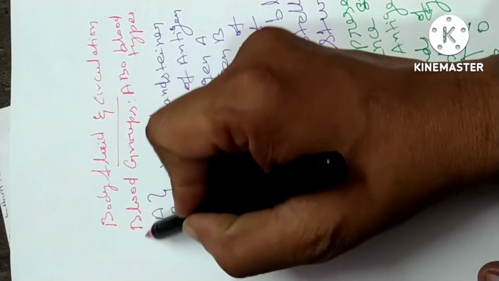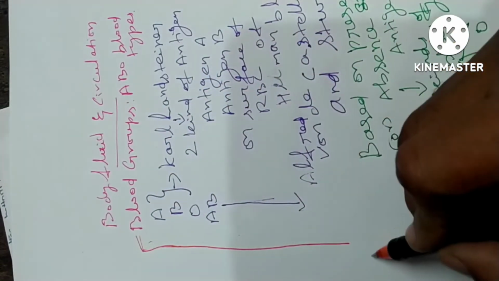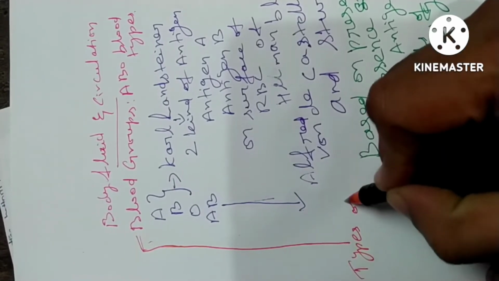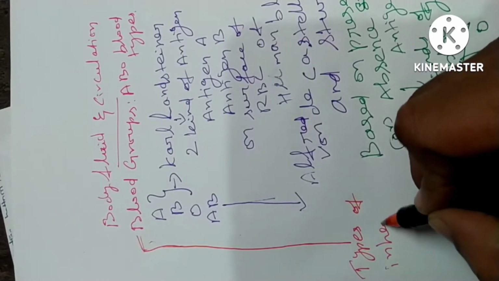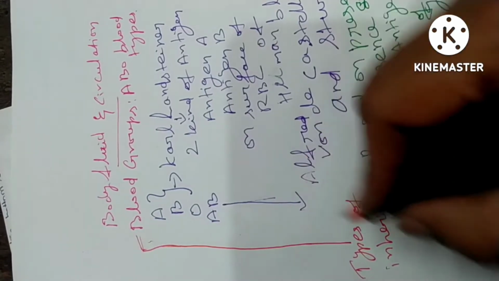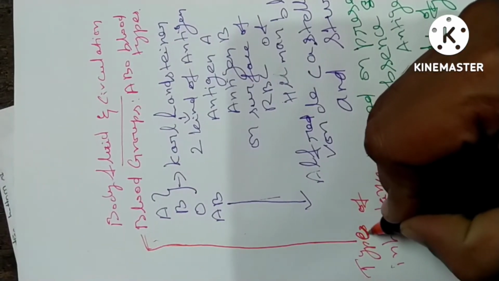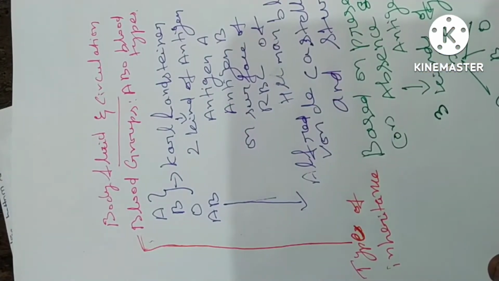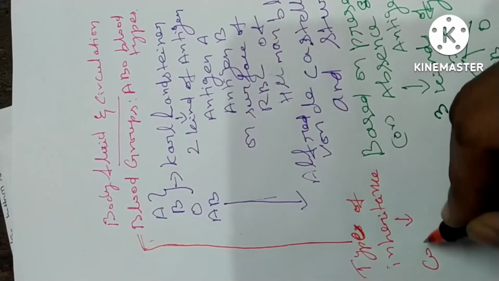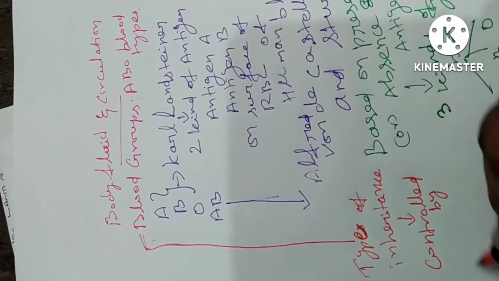Blood group is a type of inheritance, which is controlled by multiple allelism.